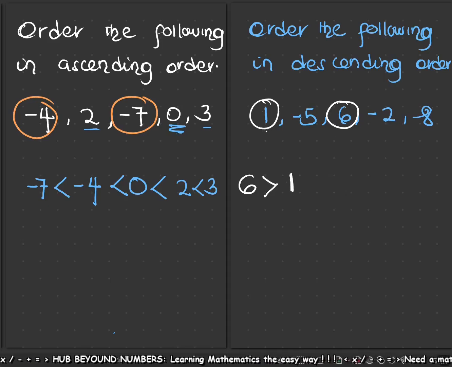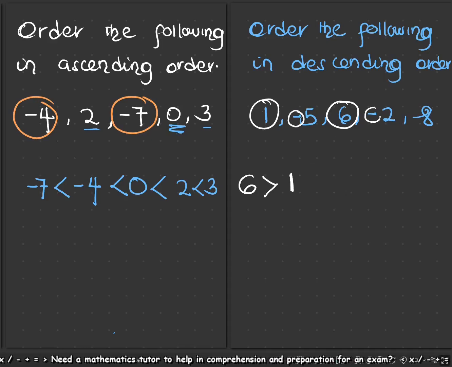Then after 1, the rest are all negatives. For the negative numbers, we said those on the right hand side are always the greatest. Or you'd assume their negatives weren't there. If you were to assume their negatives were not there, then the smallest is the biggest.